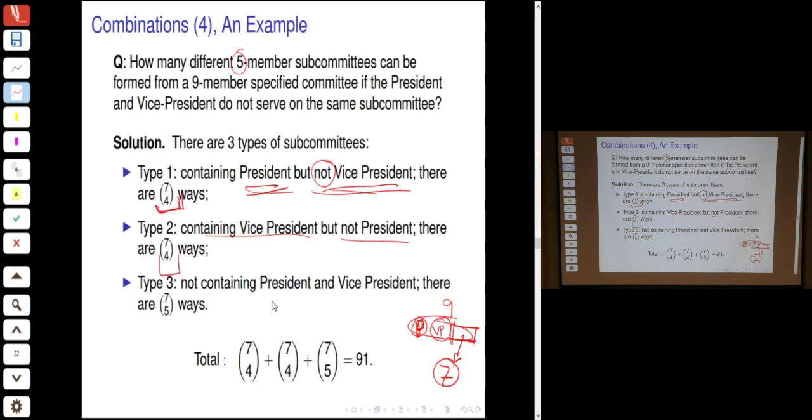And the third type is a different type. It does not contain the president or the vice president. So both the president is absent, the vice president is also absent. How many such subcommittees are there? Well, if the president is absent and the vice president is absent, that means that you choose all the 5 members of your subcommittee from the 7 ordinary members.